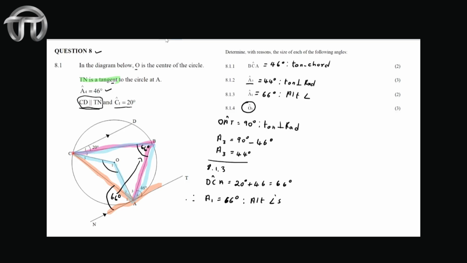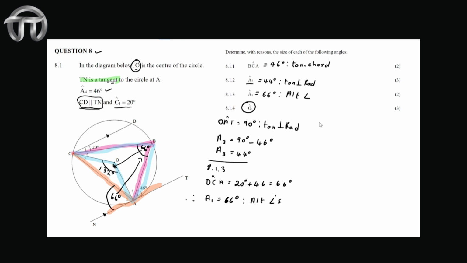So that means the angle here at B is at the circumference, which means that angle O1, they told us O is the center, will be 2 times the angle at the circumference. So if you do your multiplication, 66 multiplied by 2 is going to give us 132 degrees. Nice one.